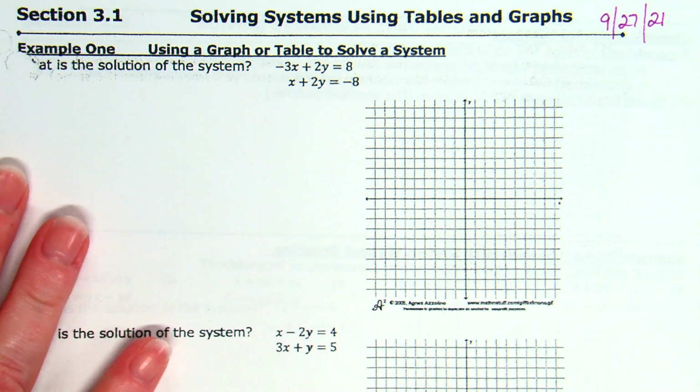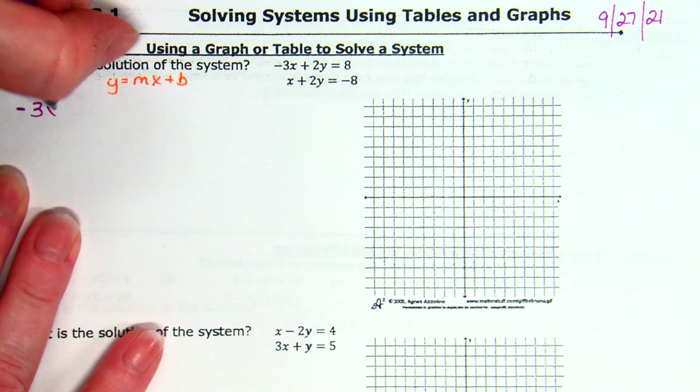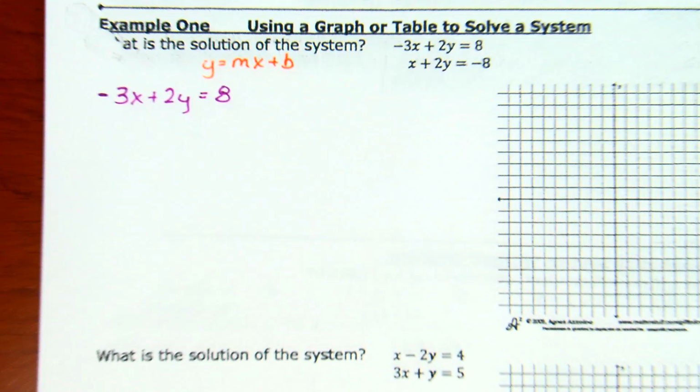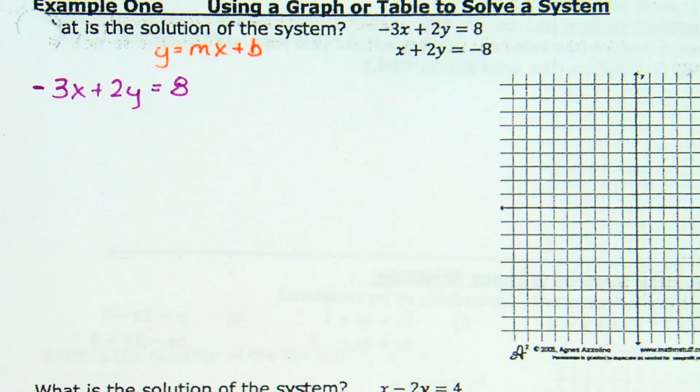Let's see. How do I want to do this? So, my recommendation is that in order to graph, we go for y equals mx plus b form. So, I'm going to start with negative 3x plus 2y equals 8. Because the question becomes, can we graph it in the form it's in? Not really. Okay, we don't have a good graphing there.